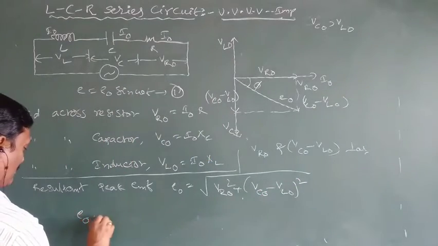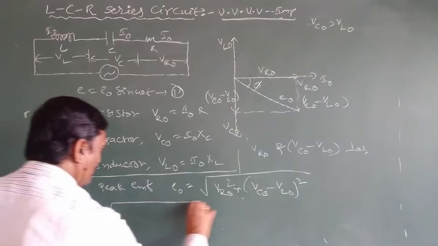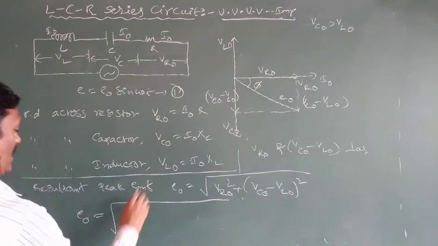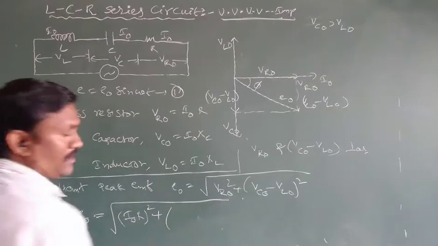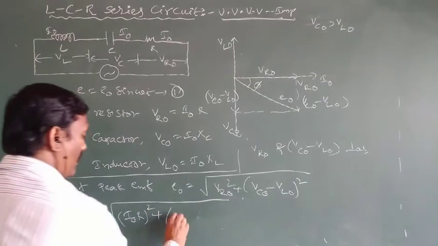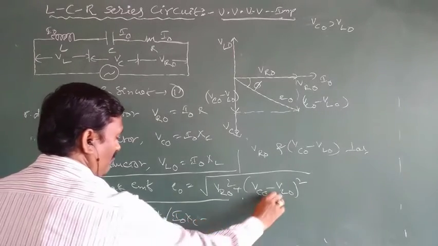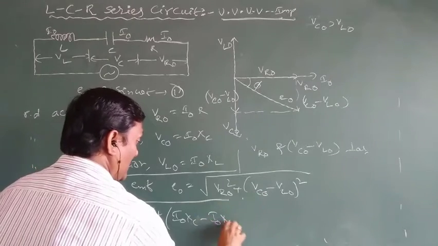Applying this, the peak voltage of the EMF E0 is equal to the square root of VRO, which is I0R, whole square, plus VCO, which is I0 XC, minus VLO, which is I0 XL, whole square.